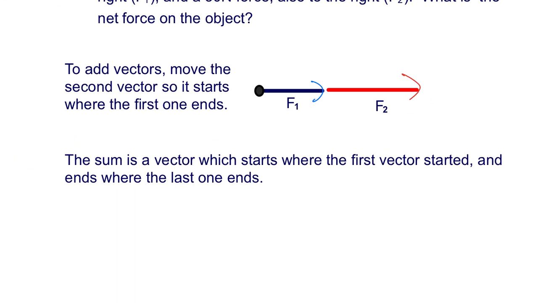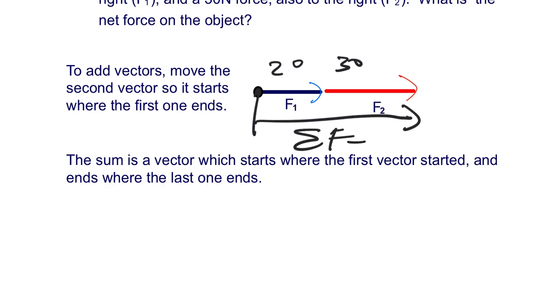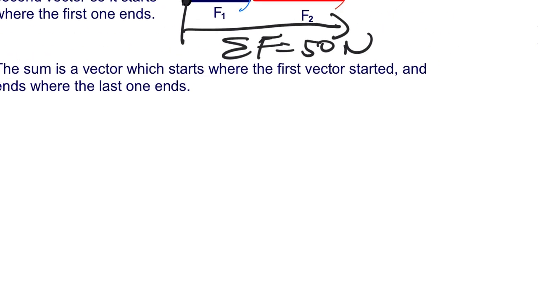They're still pointing the same direction, heads to tail. So 20 plus 30, net force equals 50 newtons to the right. If I asked for the magnitude of the net force, you just say 50 newtons.